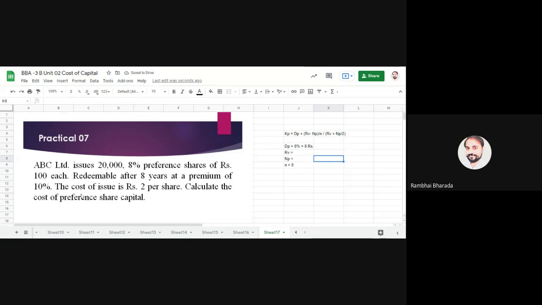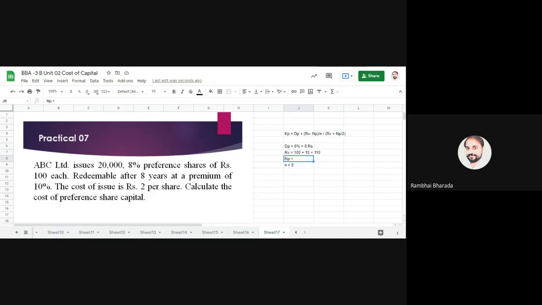It is a redeemable premium because it will be paid to shareholders at the time of redemption. So RV is equal to 100 plus 10, which is 110. Are we clear? RV, redeemable value, is clear?